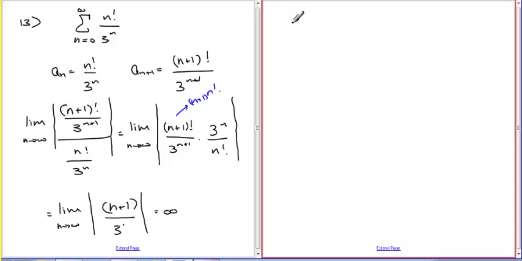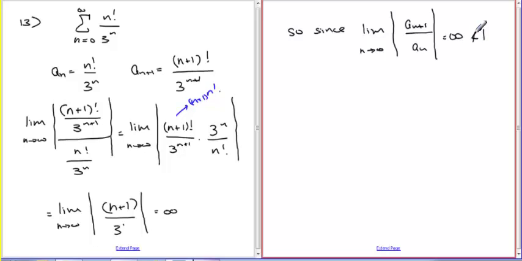So since the limit as n goes to infinity of the ratio of a sub n plus 1 over a sub n equals infinity, which is not less than 1, the series that we were given originally diverges.